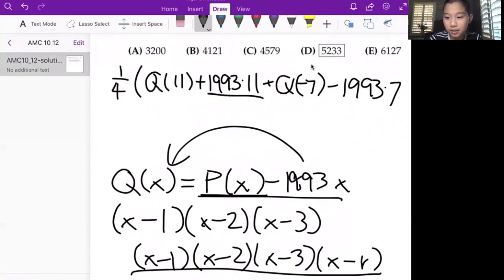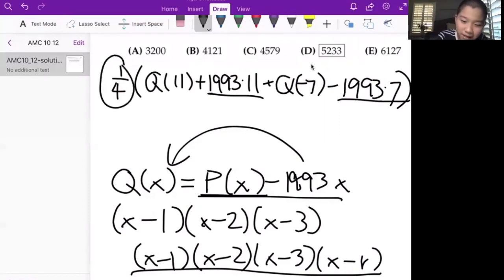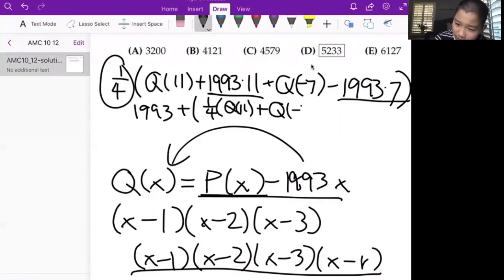This time it was plus 11, this time minus 7. So 1993 times 11 minus 1993 times 7 is just 1993 times 4. Then you take 1/4 of that, that's just 1993. And then you add 1/4 of q of 11 plus q of negative 7.